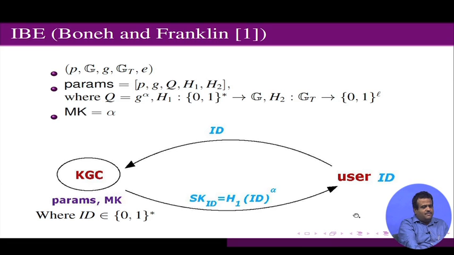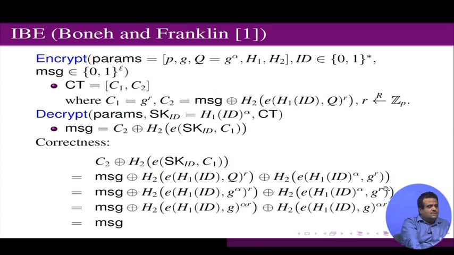So, this is the ID based encryption. The user sends the ID to the PKG, the public key generation center or key generation center, and using the public parameter and the master key, this PKG will send H1(ID) to the power alpha as the secret key of the user whose ID is ID. Now the encryption is this way.